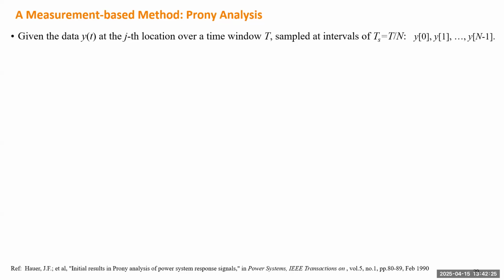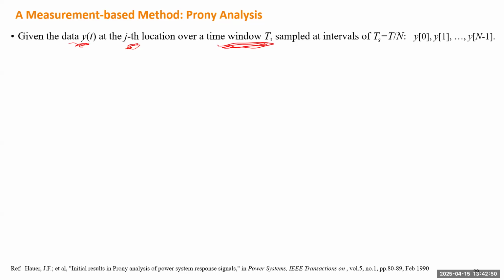So assume you have data from measurements. The data can be collected at many different locations. Assume we can pick just data at one location, and for a long enough time window. The time window needs to be much longer than the period of even the slowest mode.